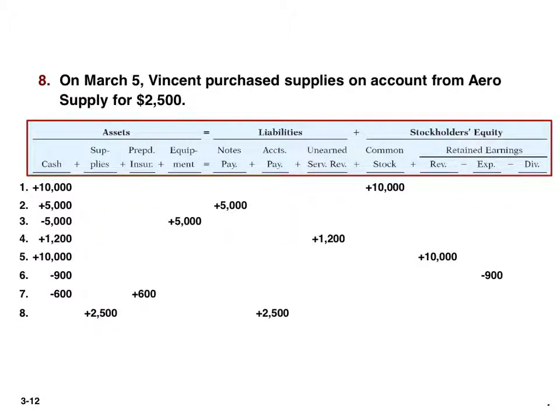Now we purchase supplies, which is an asset, on account, which is a liability. So therefore we look and we say, okay, the two accounts: supplies was 0, it's now gone up by $2,500. And accounts payable has also gone up by $2,500. So we have an increase on one side of the equal sign and an equal increase on the other side.